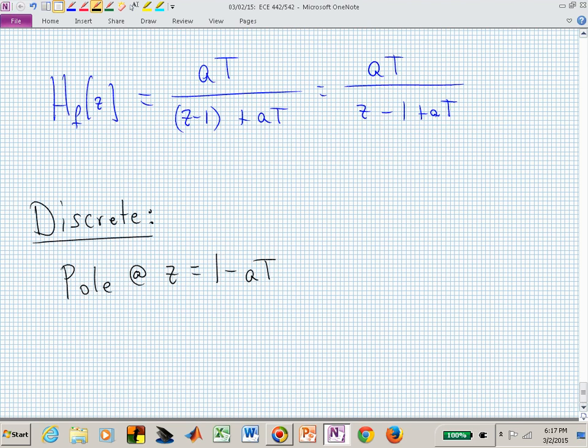Where will that live? Where will that belong for a particular A and a particular capital T? Do you see where the pole is? Is it real? Is it complex? There's only one pole, so it can't be complex, can it? And it's between where? In the z-plane.